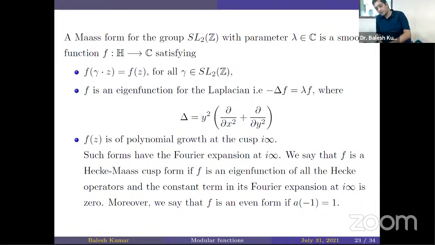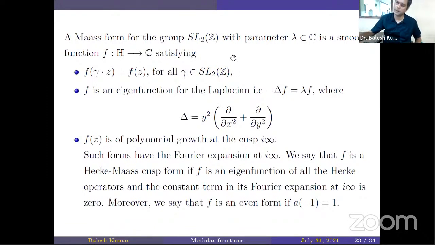As usual, such forms have a Fourier expansion, and it is a Hecke-Maass cusp form if f is an eigenfunction of all the Hecke operators, and the constant term should be 0 for the cusp form here. So that is the definition written here. And the function is even if the very first Fourier coefficient is equal to 1.